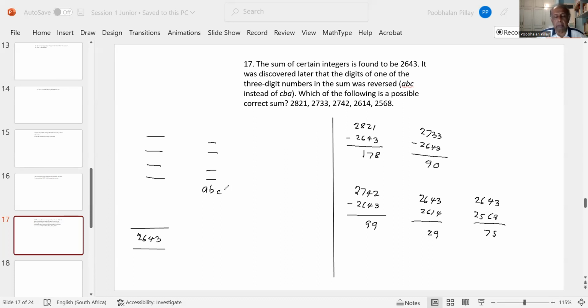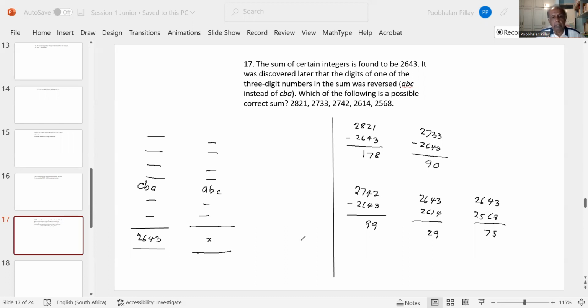So what happened was, the person wrote this number down, they reversed it. They wrote that instead of ABC, but all the other numbers are the same. And now when you add this, we don't know what you get.